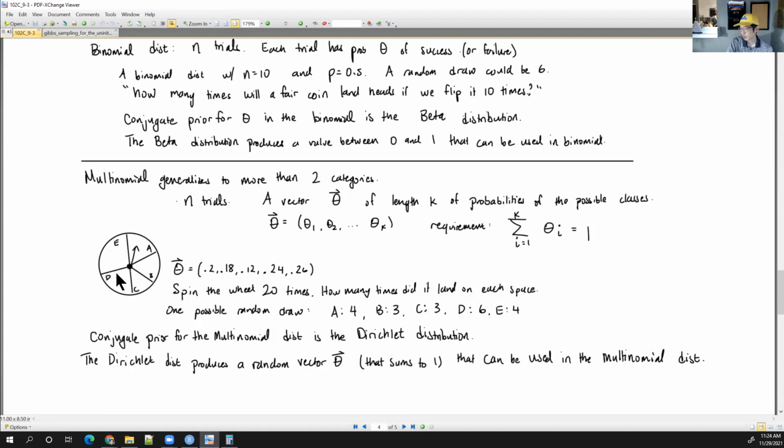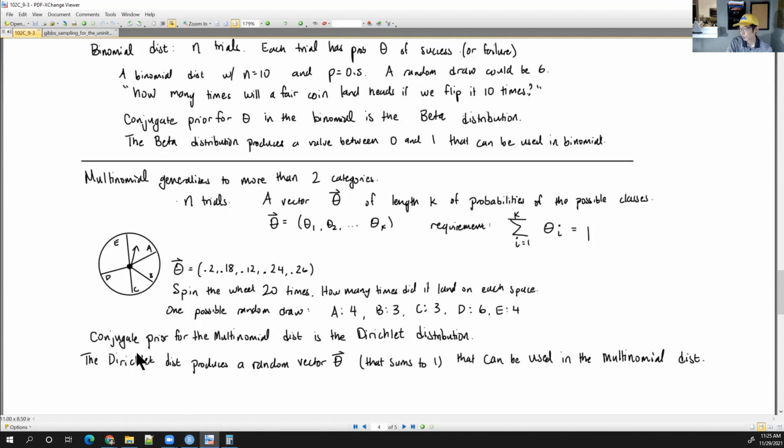Except this time, we've got not just 5 categories, but say 90,000, one for each word, okay? And we're going to say the conjugate prior for the multinomial distribution is the Dirichlet distribution.